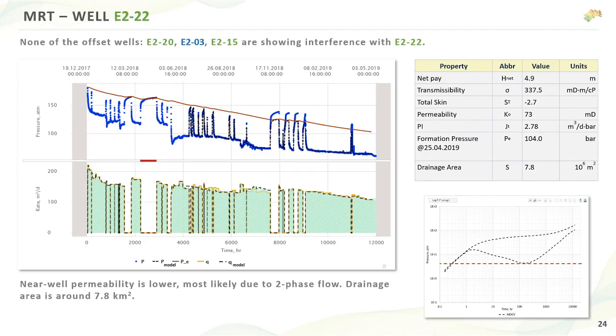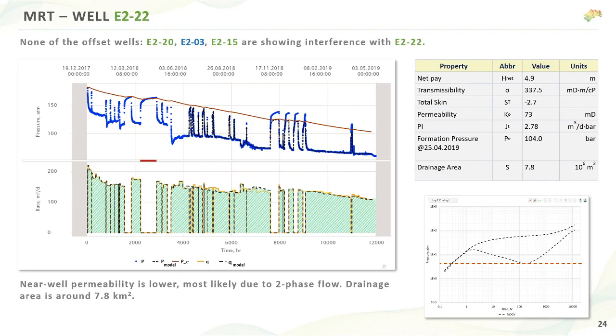It again could be due to insufficient history of rate changes in some wells, because you can see that I didn't put all the surrounding wells here, because some of the wells unfortunately had very stable rates. So maybe they are still impacting this well, but out of these three wells, we do not see any impact.